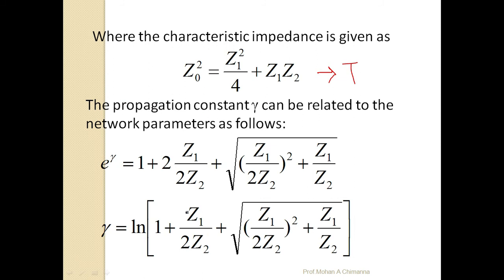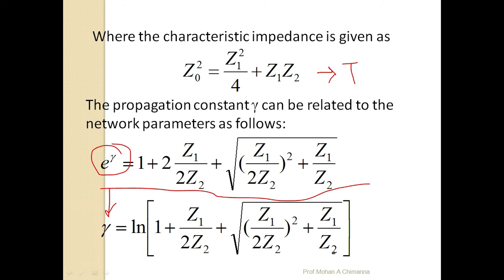Once we take the natural logarithm of this parameter, then e raised to gamma is represented by gamma. So gamma is the natural logarithm of 1 plus Z1 upon 2 Z2 plus root of (Z1 upon 2 Z2) square plus Z1 upon Z2.